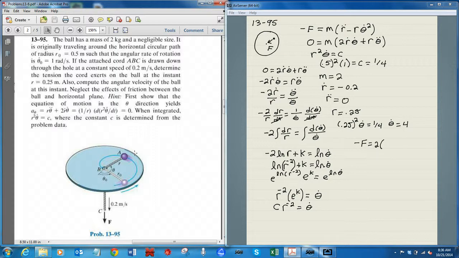So that's 16 divided by 4 is 4, times 2 is 8. And it's positive 8. Alright, so that's what the force is, positive 8. Positive means I'm pulling it, which better be true. Okay, so that's the end of this problem.